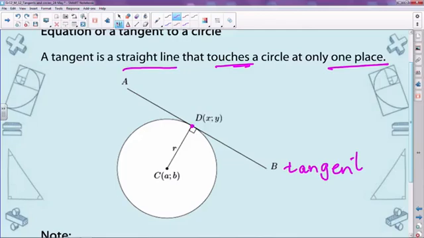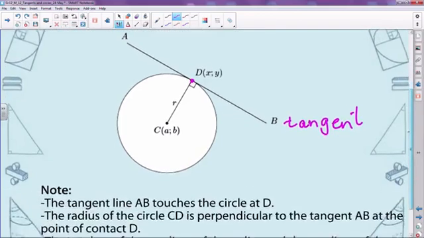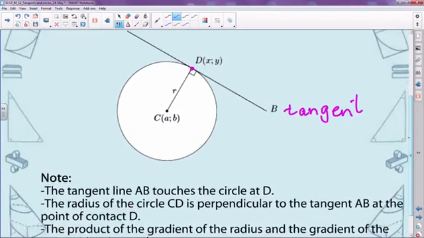All right, some important things that you need to note about a tangent. The radius of the circle, so in this case CD, will be perpendicular to the tangent at the point of contact. So the radius of a circle is always going to be at 90 degrees to the tangent line.